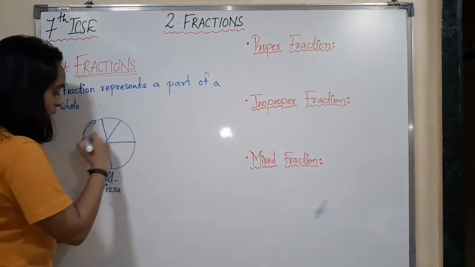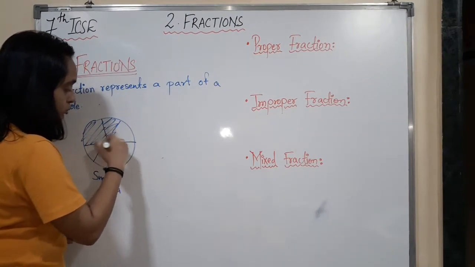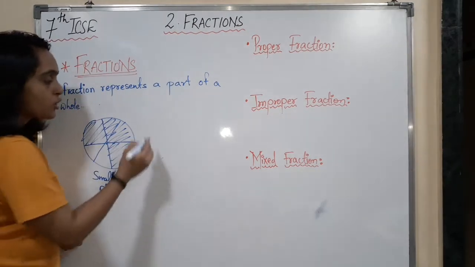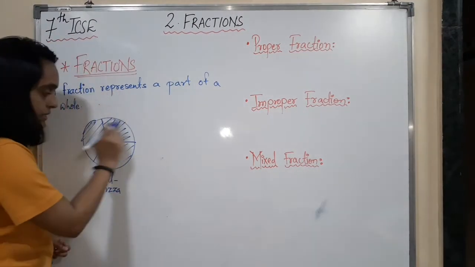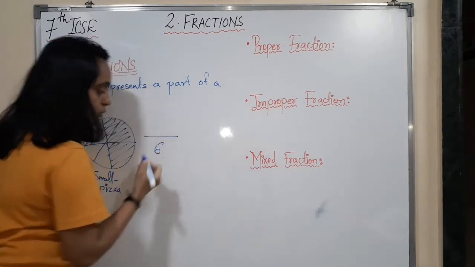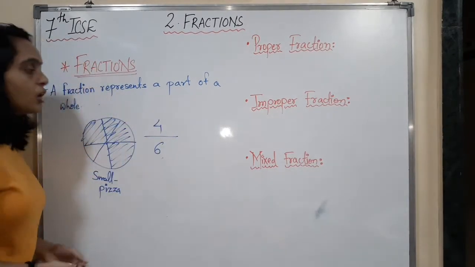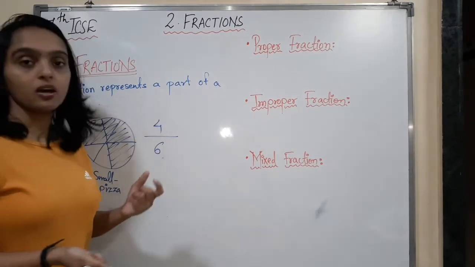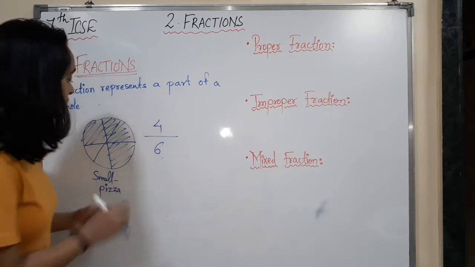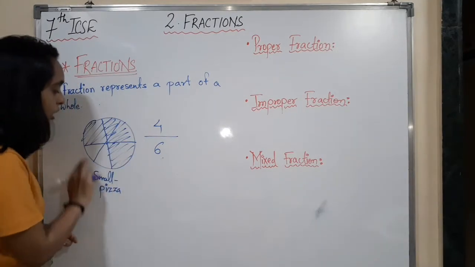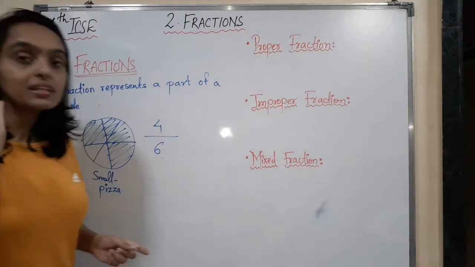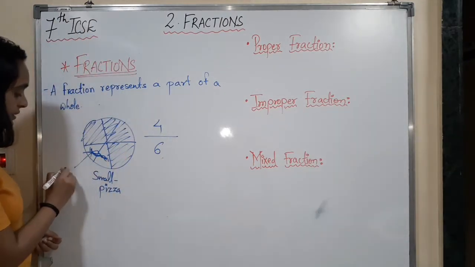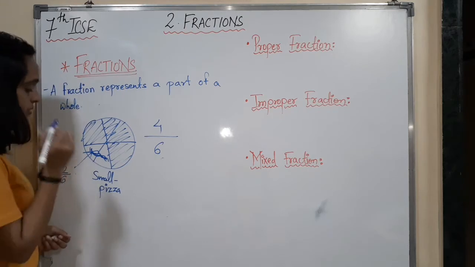So 1, 2, 3, and then 4 parts. There were total 6 parts, so out of 6 I ate 4 parts. So the fraction formed here is 4 upon 6. 4 upon 6 represents 4 parts out of the total whole of 6 parts, and the 2 remaining parts are represented as 2 upon 6.